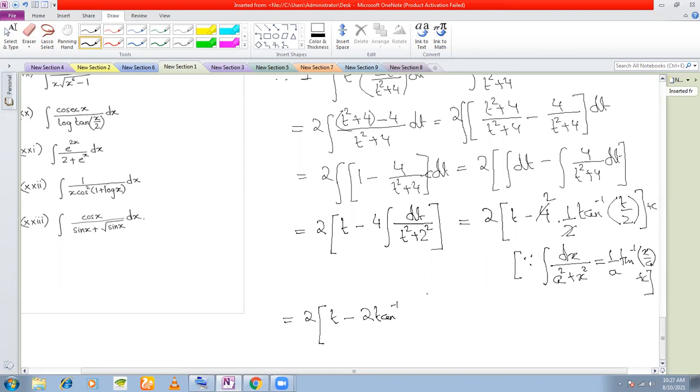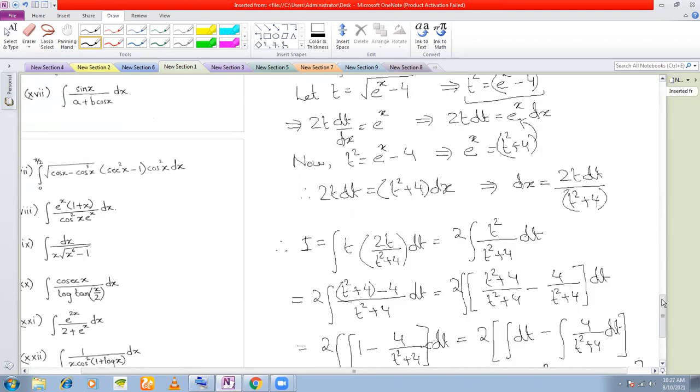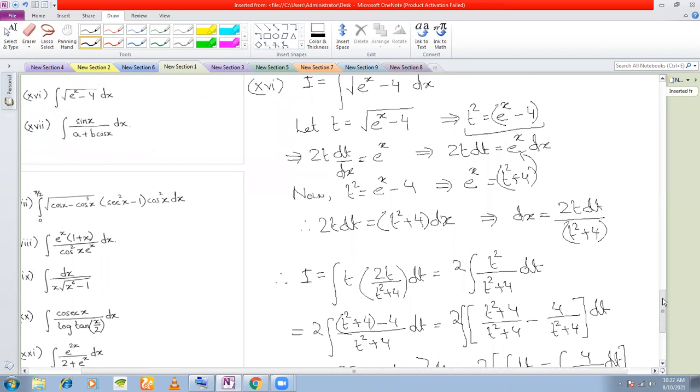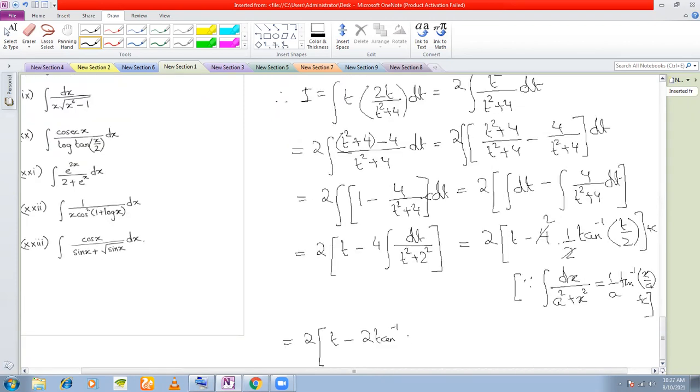So tan inverse t by 2. And what is the value of t that we had taken? The value of t was root over of e to the power of x minus 4. So you get root over of e to the power of x minus 4 divided by 2 plus c. And that is your answer.